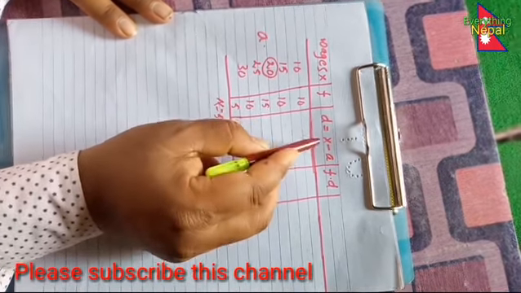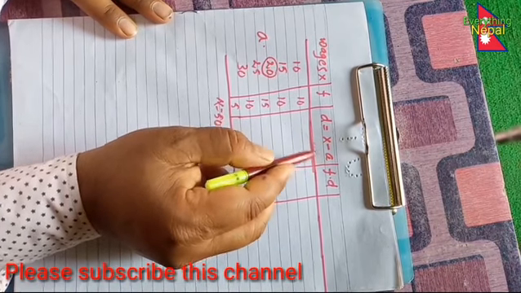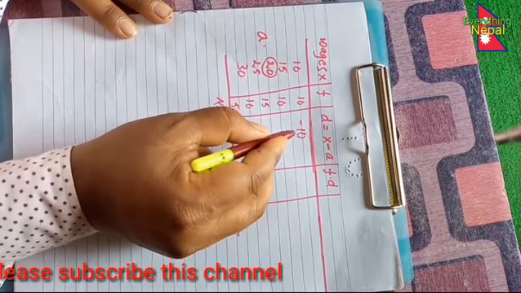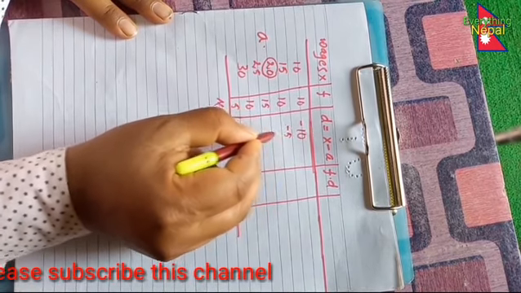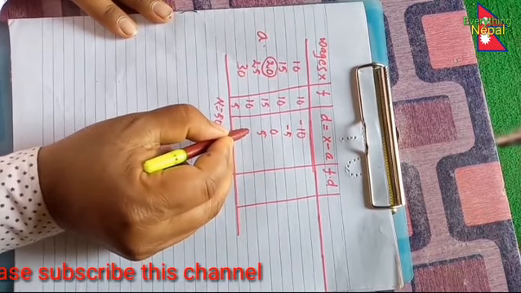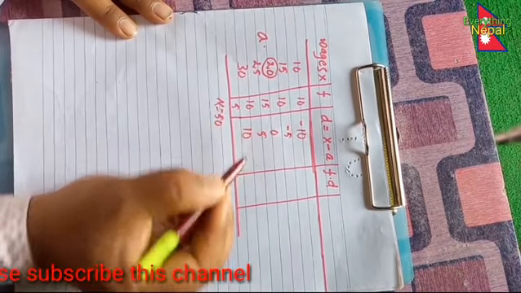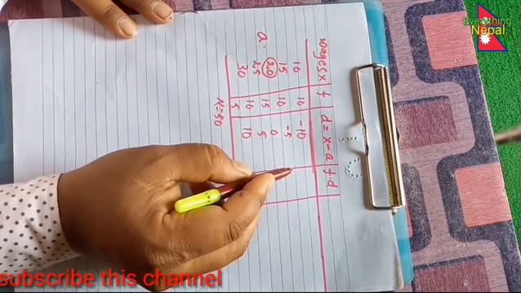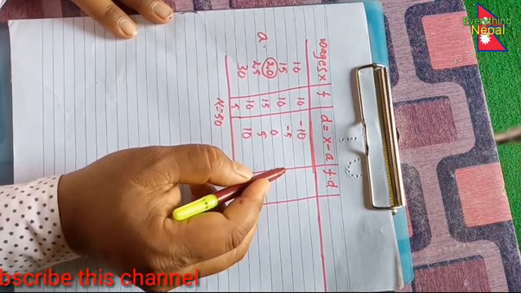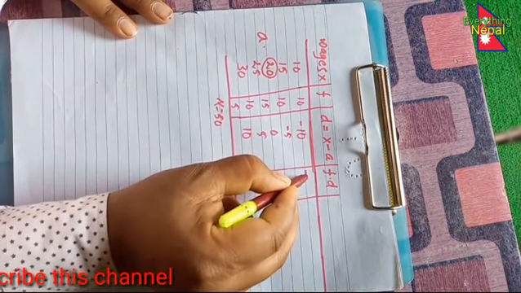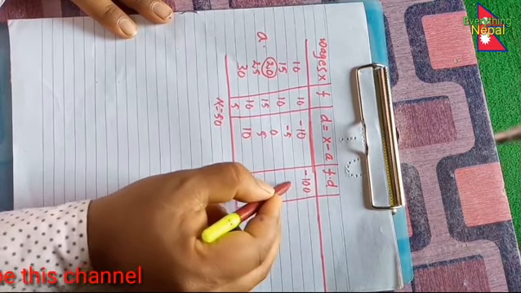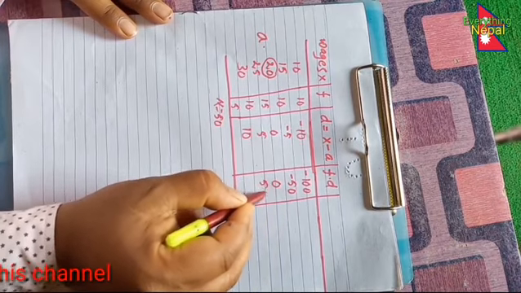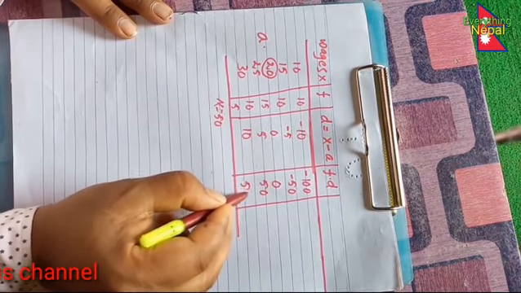Now we get the difference of observations and assumed mean, that is minus 10, minus 5, 0, 5, and plus 10. So when we multiply frequencies and the differences of x and assumed mean, we get minus 100, minus 50, 0, 50, and 50.